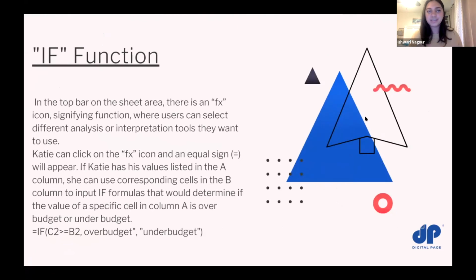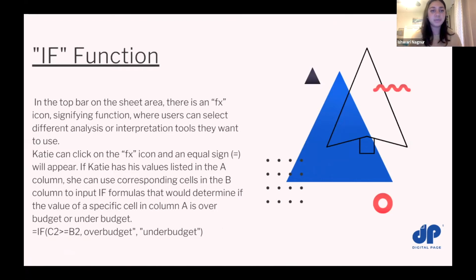To utilize the IF function, it's basically the same in both Microsoft Excel and Google Sheets, unlike our previous tip. In the top bar on the sheet area, there's always an FX icon, which signifies the function. Here, users can select different analysis or interpretation tools they want to use. Katie can click on the FX icon and then add an equal sign, and then you always follow with the function name.